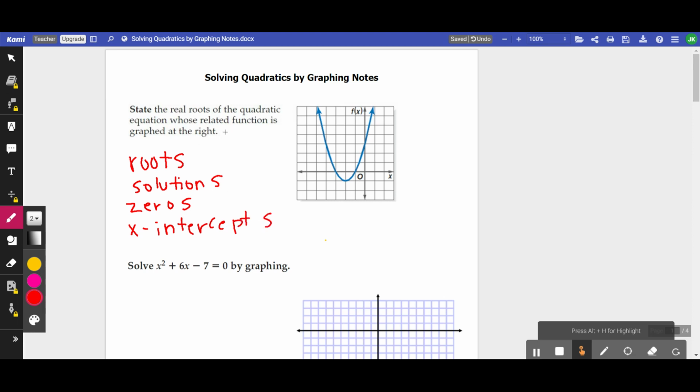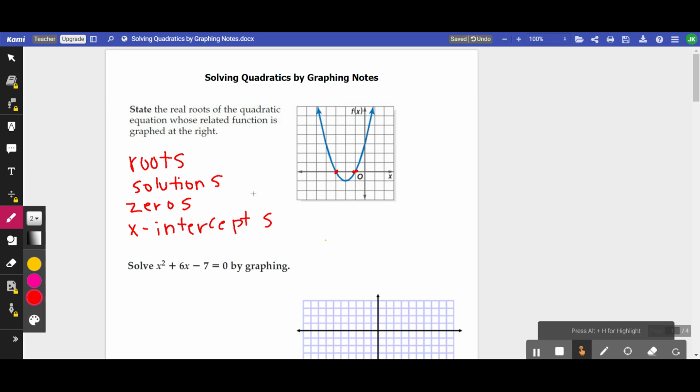So this is asking you the real roots of this quadratic equation graphed here. Pretty much this is asking you what your x-intercepts would be. It's asking where it crosses the x-axis. For this quadratic, your x-axis is this one here, and it's also labeled. It crosses or touches your x-axis here and then here. That means you have two solutions or two roots or two zeros.